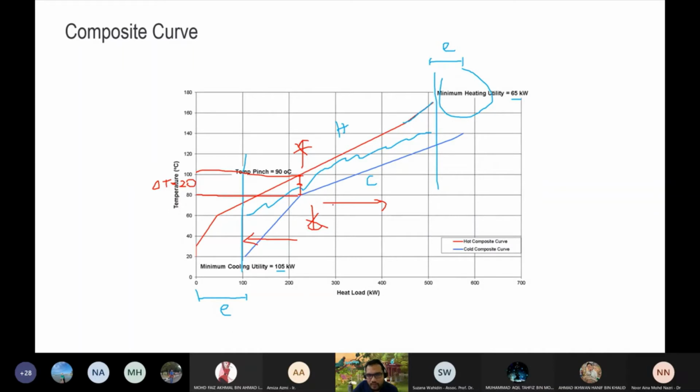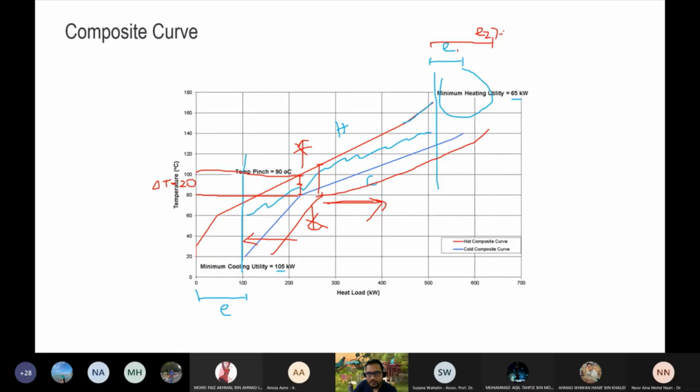So say for example, if we move it to the right, this blue line will become something like this. And then obviously the delta T between them gets bigger, right? For example, this is the delta T. So this delta T is bigger, but then you can see the distance is going to be larger, right? This is E2, for example, and this is E1. So this E2 is larger than E1.